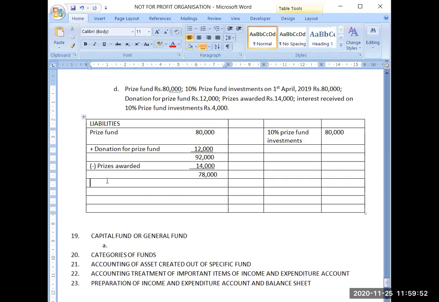Now we will add interest received, 4,000. We will also add interest accrued. I hope this point is clear to all of you, how interest is accruing.